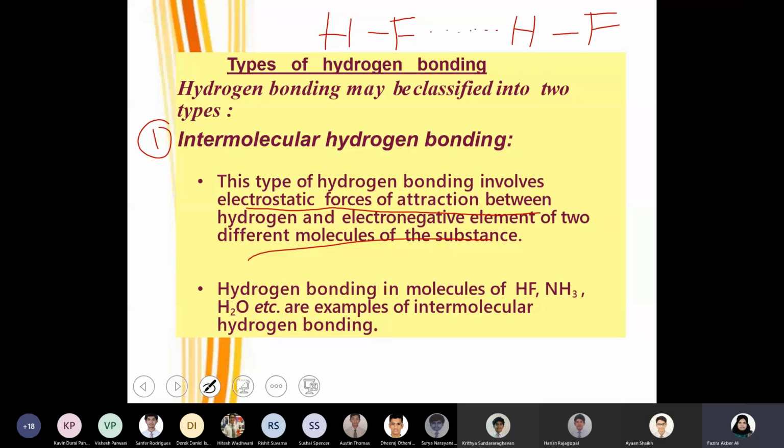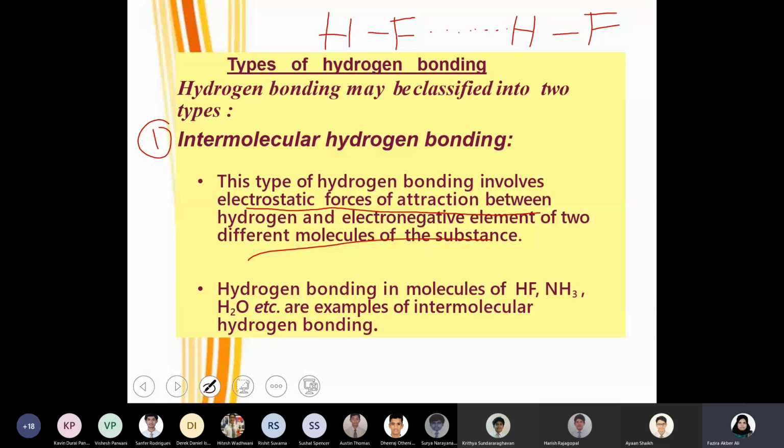So hydrogen of one molecule and the electronegative element of an entirely different molecule. It could be HF and HF, or HF and H2O, or methanol and water.